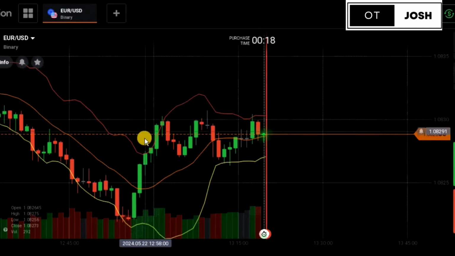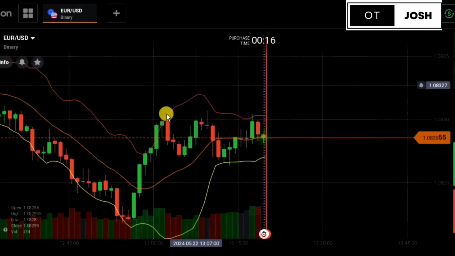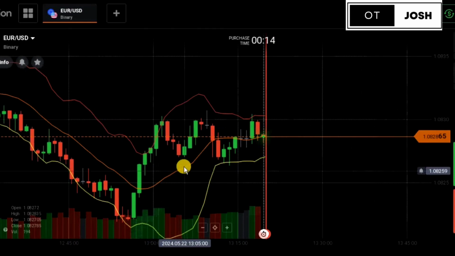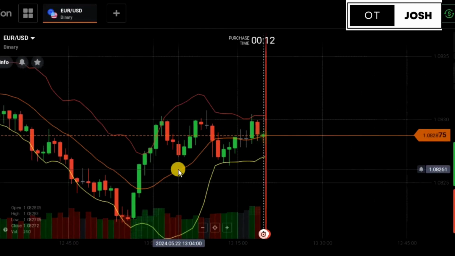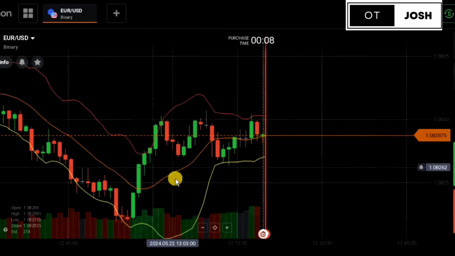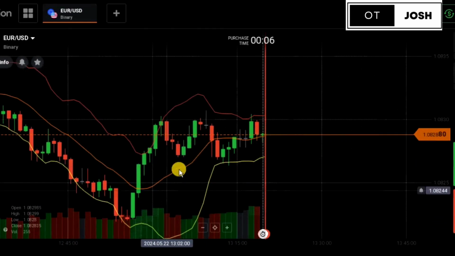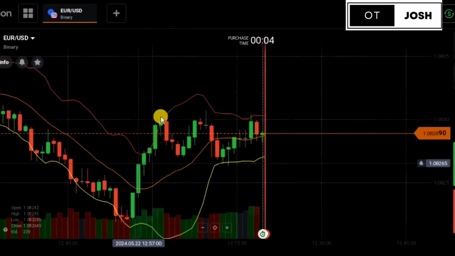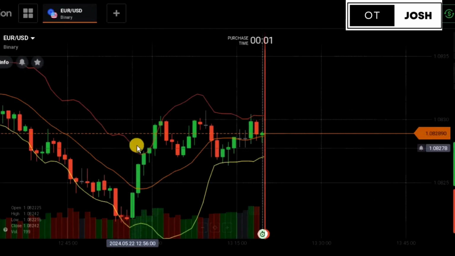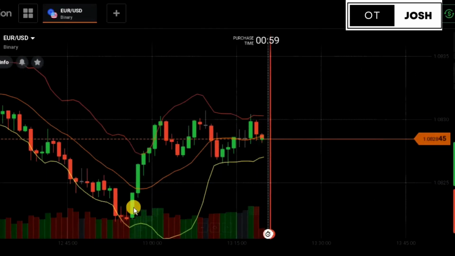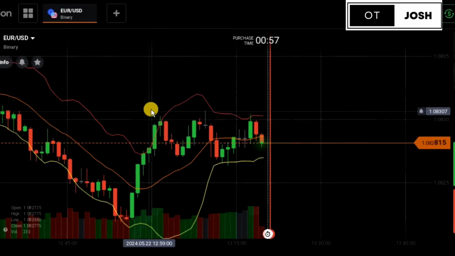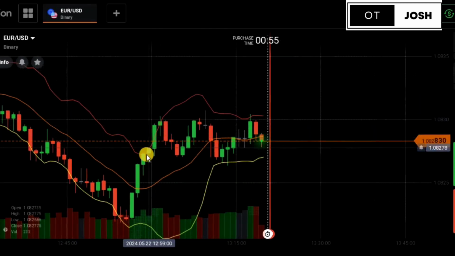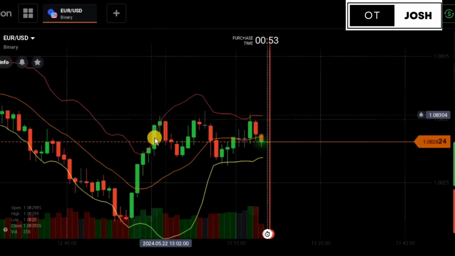We have the upper band, the middle band, and the lower band. The upper band is 2 deviations away from the middle band, and the lower band is 2 deviations away from the middle band. The upper band is used in an uptrend when the price is overbought. When the price is going up and it's overbought, you'll find that the price has gone outside of the upper Bollinger Band.